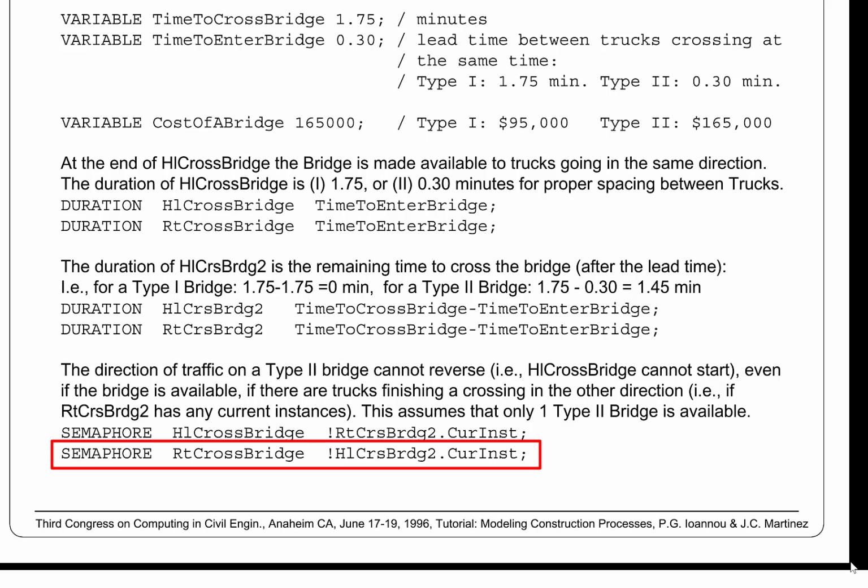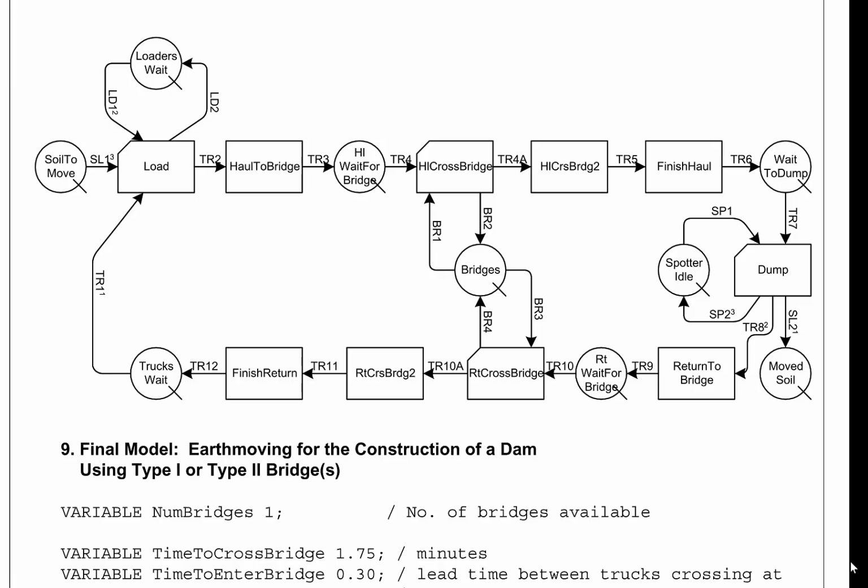A 0 is a logical false, and as a result, the semaphore of return cross bridge will be false, and the return cross bridge will not be able to start. The effect of these semaphores is that combi whole cross bridge cannot start if there is one more instance of return cross bridge 2 going on. Similarly, a return cross bridge cannot create an instance if there are any instances of whole cross bridge 2 going on.